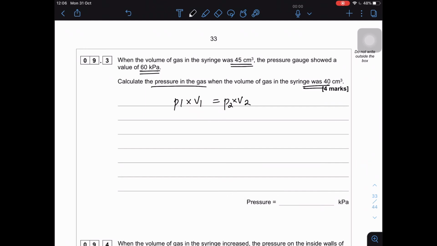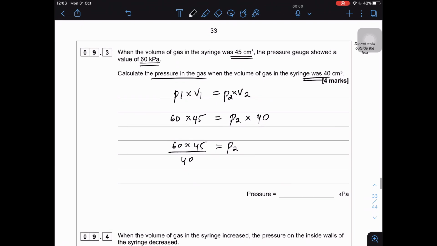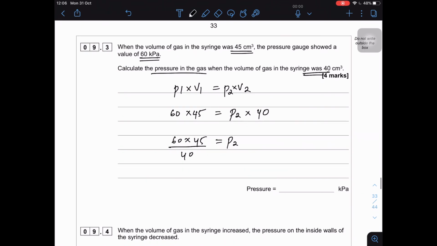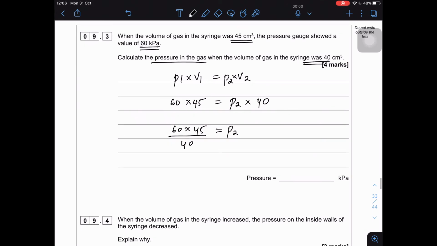So if the volume of the gas is 45 and the pressure is 60, then pressure 2 when the volume is 40. Now from this you can rearrange. P2 is 60 times 45 divided by 40. And now the answer would be 67.5 kilopascals.